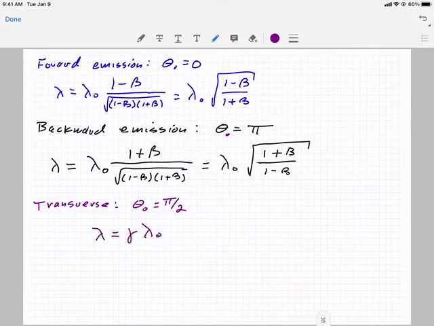Gamma is always greater than 1, and so the lambda gets longer. So this is a redshift. What's important about this redshift is that it is specifically time dilation. This gamma is coming exactly from the time dilation. If you remember the non-relativistic Doppler formula, there was no transverse frequency shift. So here we actually see that there is a frequency shift, and it's caused exclusively by time dilation.